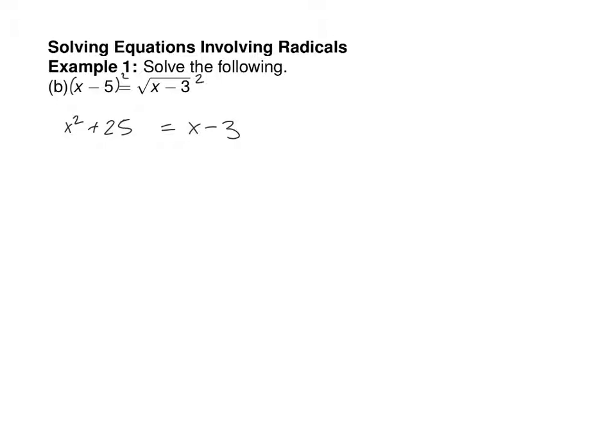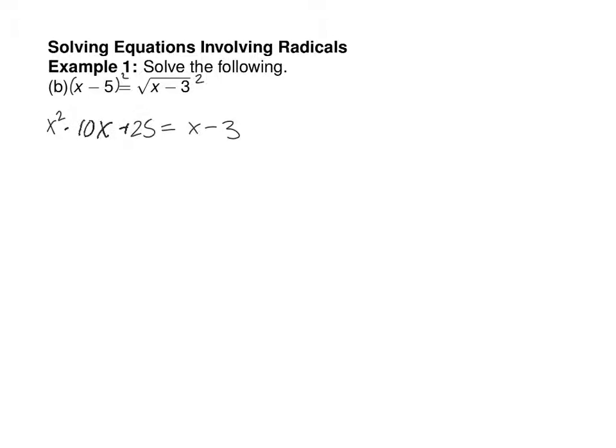So the part that's wrong was this part. What should it have been instead? X squared minus 10x plus 25. Very good, yep.